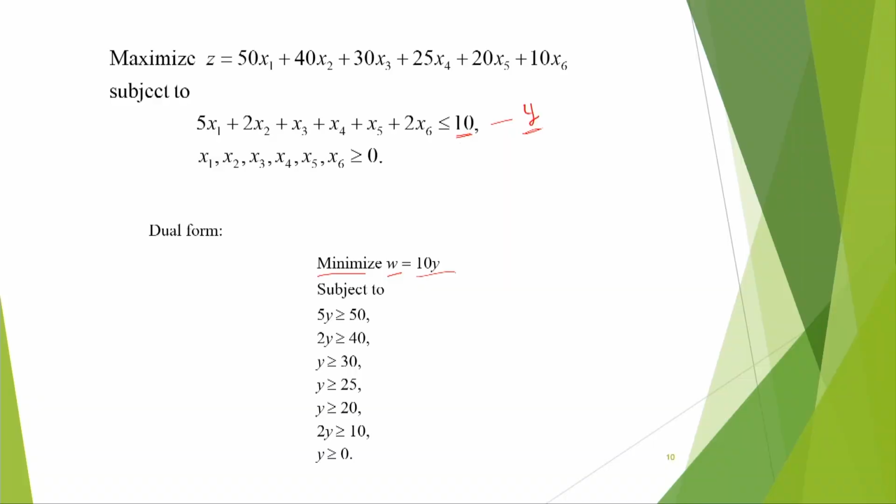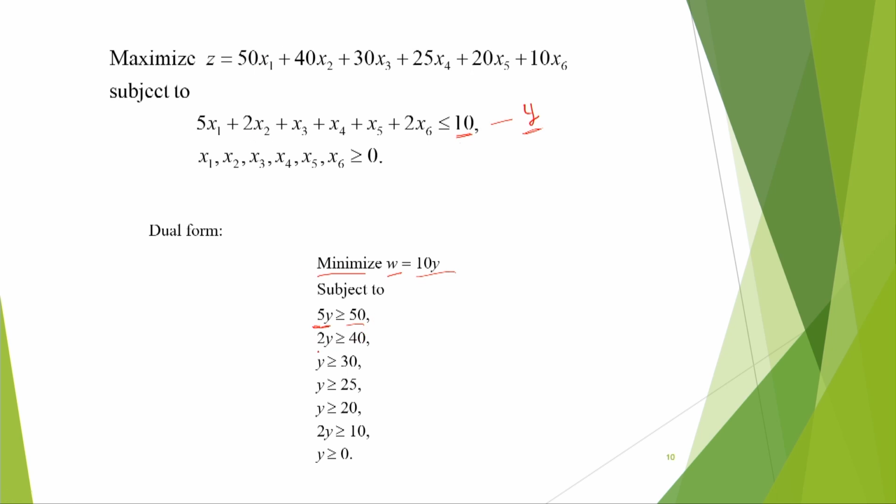Subject to that, pay attention to the first variable. The first variable uses 5 quantity per unit, so 5 into y, that means the worth is y. So 5y greater or equal to 50; smaller than becomes greater than, because the coefficient of x1 is 50.